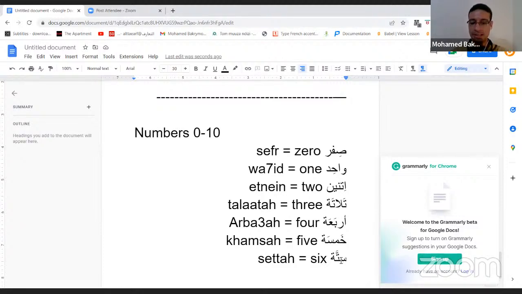The next one is سبعة. سبعة means 7. So it's سبعة. Okay. Short vowels. سبعة.